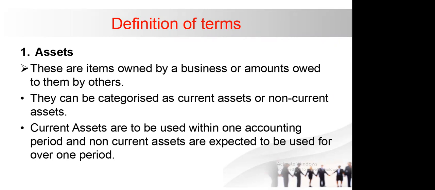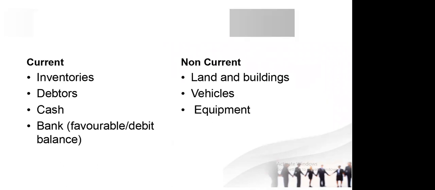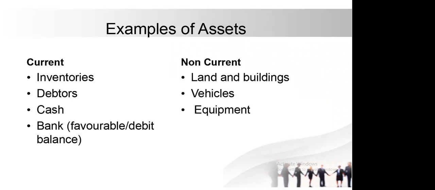But if we are going to use an asset for more than a year, suppose 5 years or 10 years or so on, then it becomes a non-current asset. So the difference between current assets and non-current assets lies in the period for which we expect to be using those assets. I just want to give you examples of current and non-current assets.